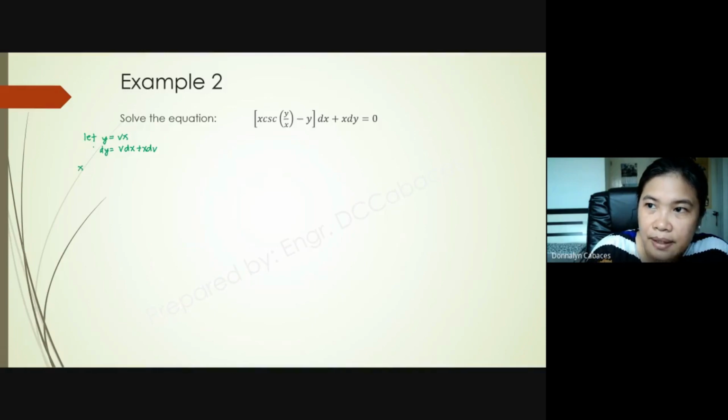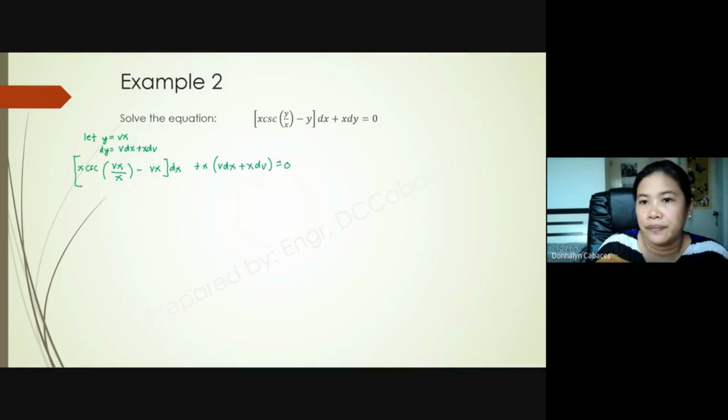That would be x cosecant of our y, which is vx over x, minus vx times dx plus x times v dx plus x dv is equal to 0.